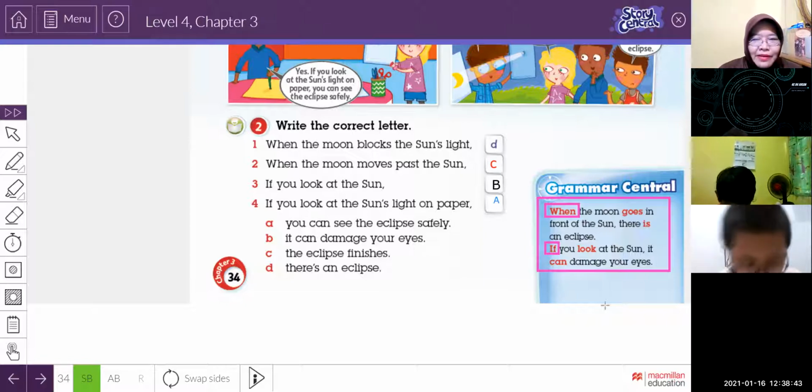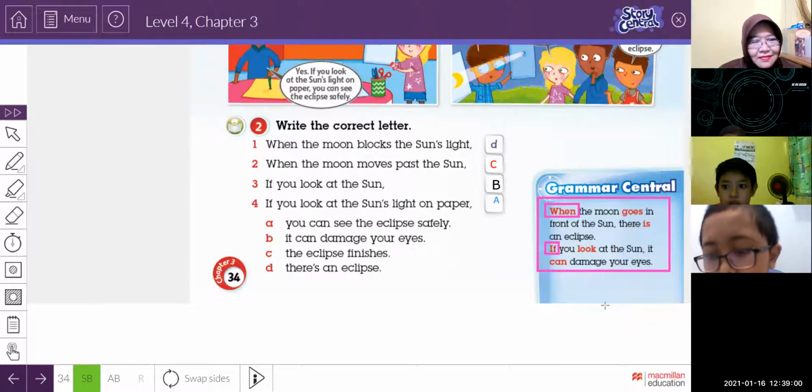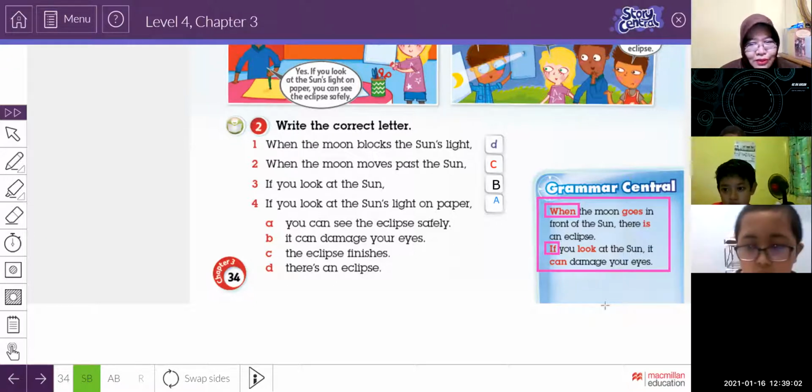Kira-kira bedanya apa ya pakai when sama if? Any idea? If diawali subjek. If is followed by a subject, the same. When too, the moon is a subject.